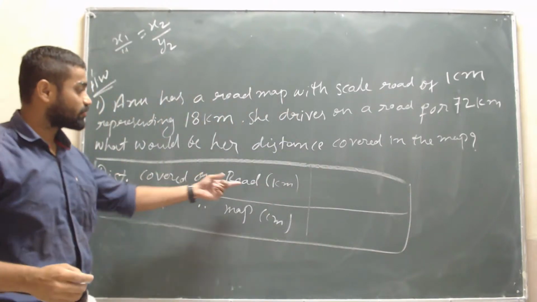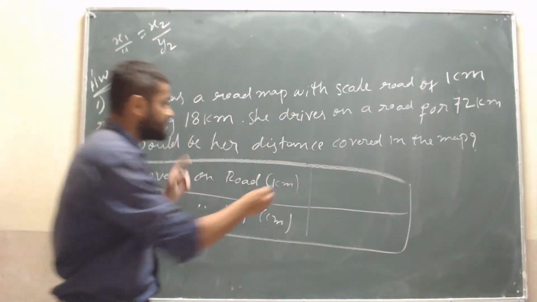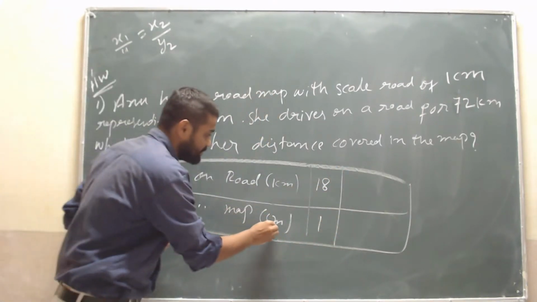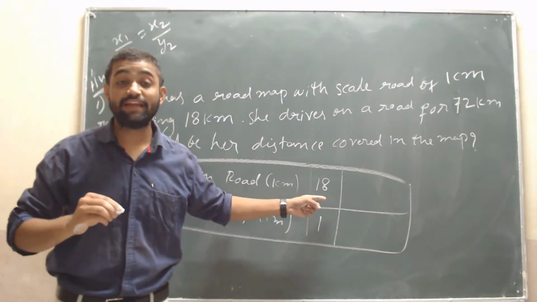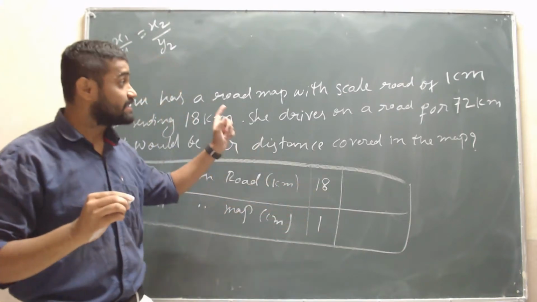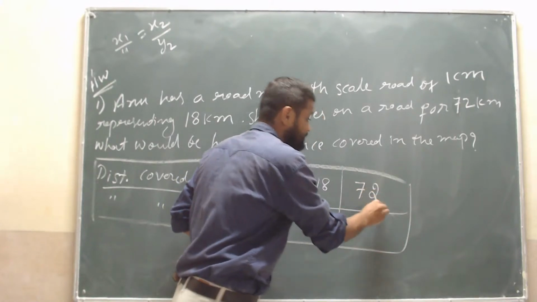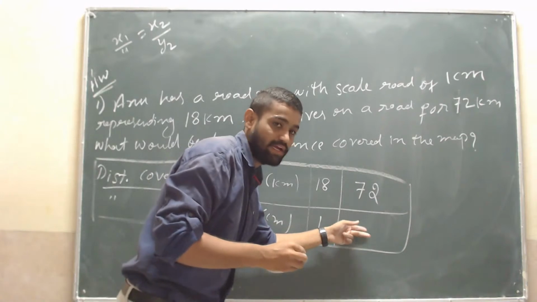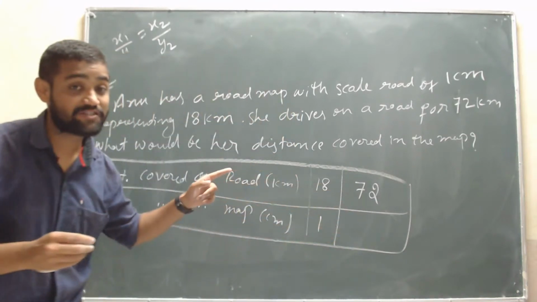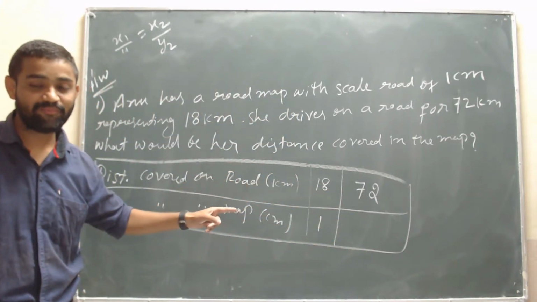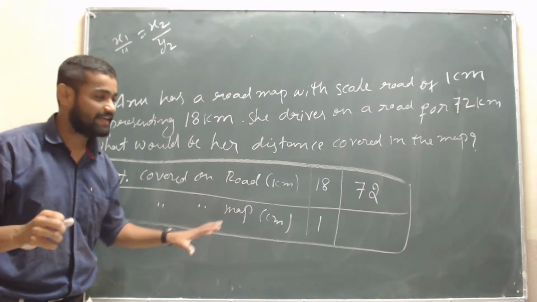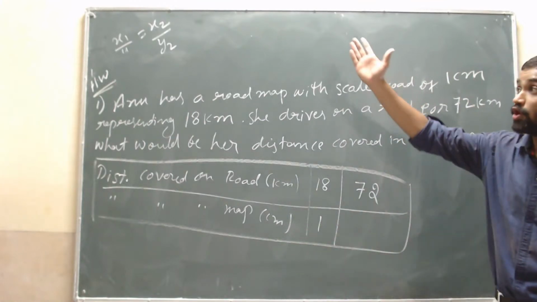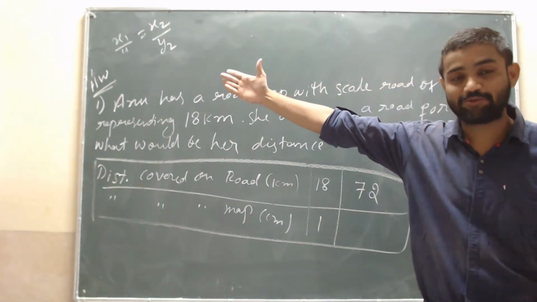The distance covered on road is 18 kilometers per 1 centimeter. Then she travels 72 kilometers. Then what would be the value here? Students, you have to do it at home, and it is very easy. Take this one as x1, x2 and y1, y2. Apply the formula x1 by y1 and x2 by y2.